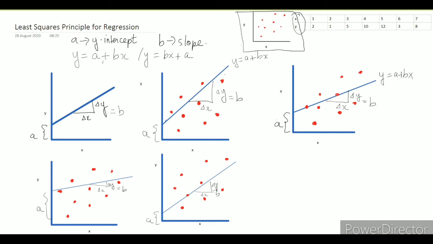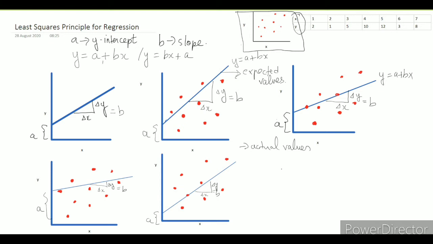So this straight line will represent the expected values, and these red dots or red points represent the actual values.